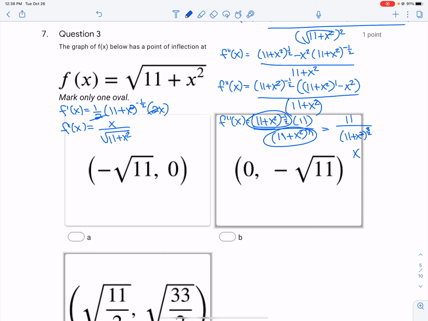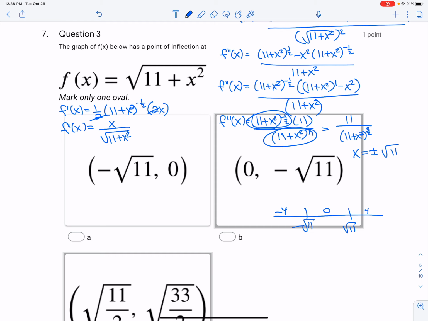So then I set that equal to 0, so x is equal to plus or minus the square root of 11. And so I have a negative square root of 11 and a positive square root of 11. I have 0 in between. Square root of 11, so 4 and negative 4 here.